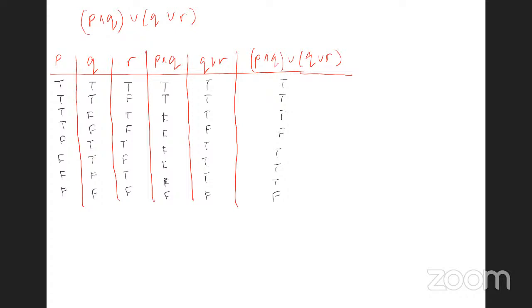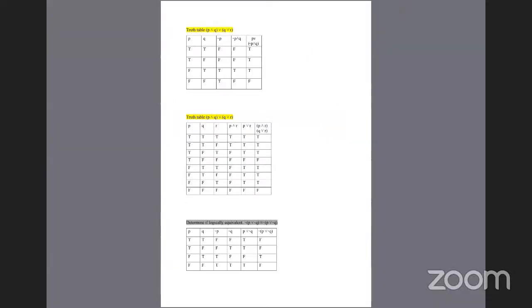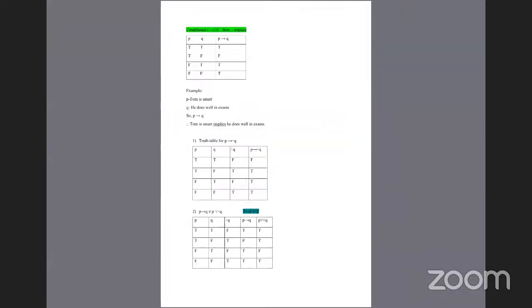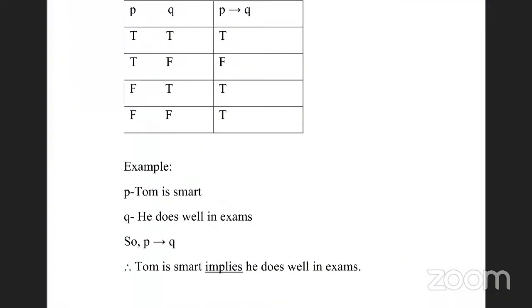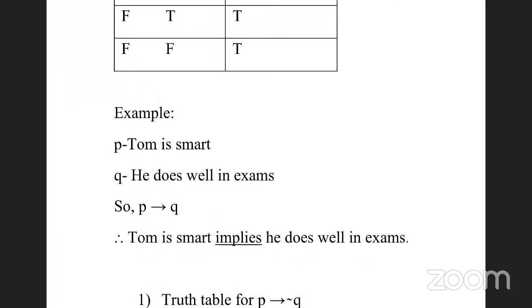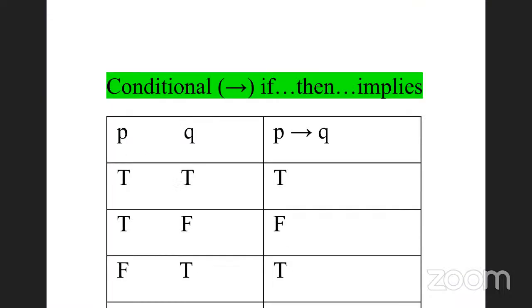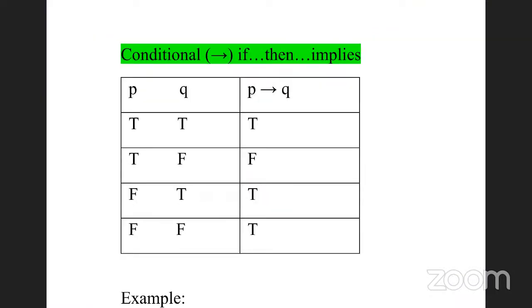All right. Nice. Let's continue. So we learned to develop truth tables. We learned to check for logical equivalence. We did negation, conjunction, disjunction. So the next connective that we're going to use is conditional.